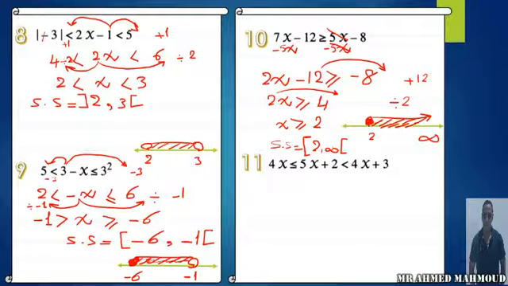Now we have 4x smaller than or equal to 5x plus 2, less than 4x plus 3. Now I need to cancel 4x from here and here.